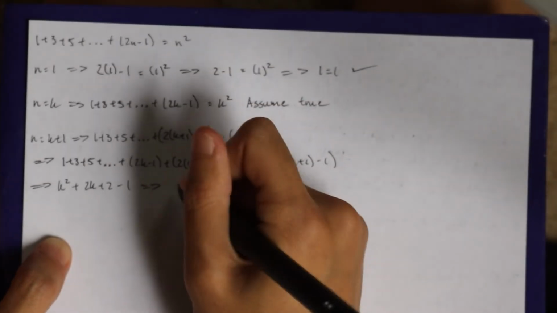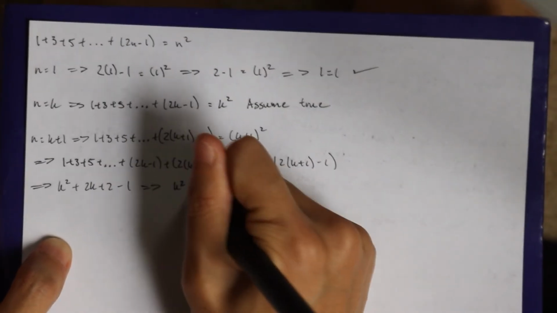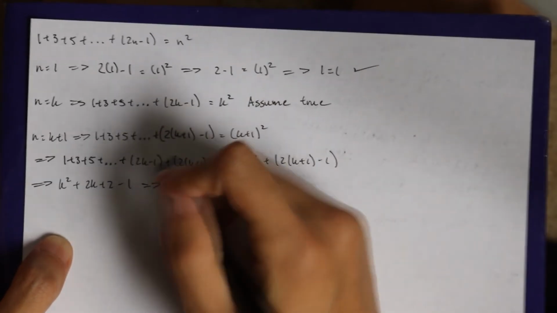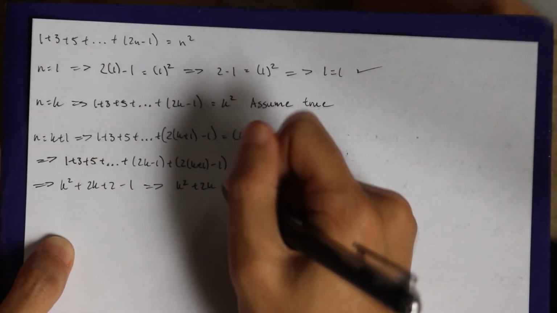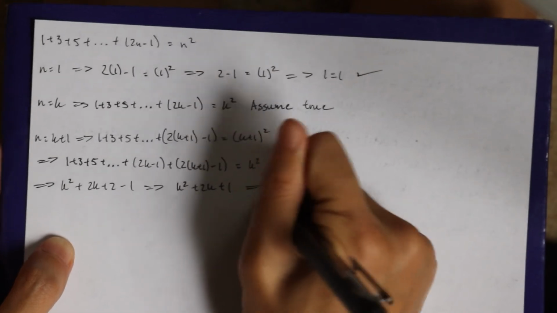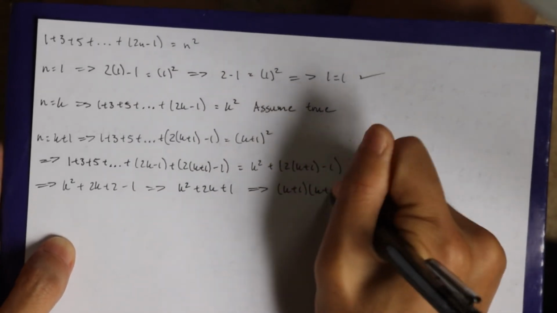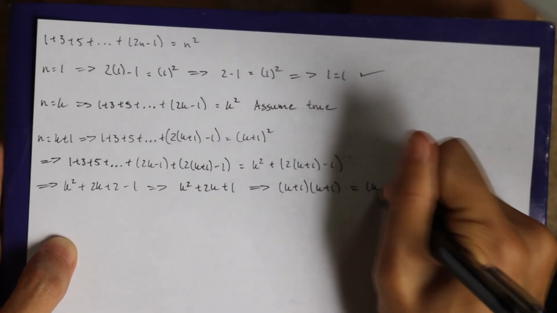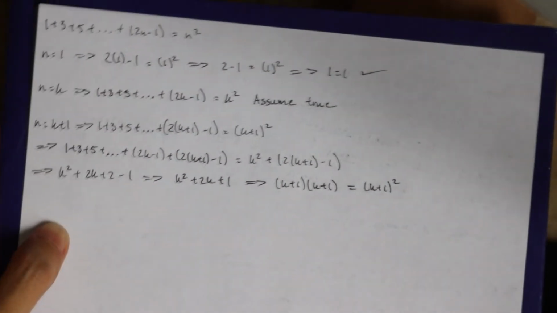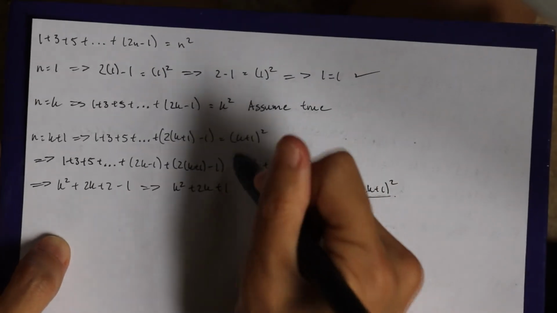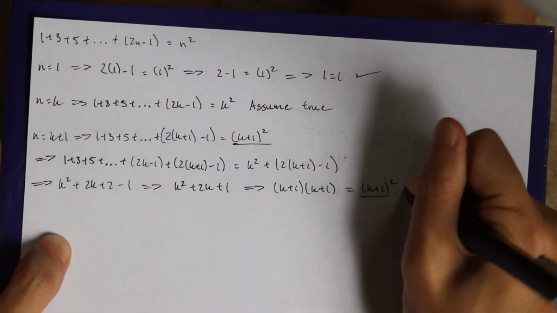And we have k squared plus 2k, then plus 2 minus 1, a positive 1, and you can factor this out, so we get k plus 1 times k plus 1, also known as k plus 1 squared, also a perfect square. And what's this? This actually matches exactly with the one on top right here, so this is true.